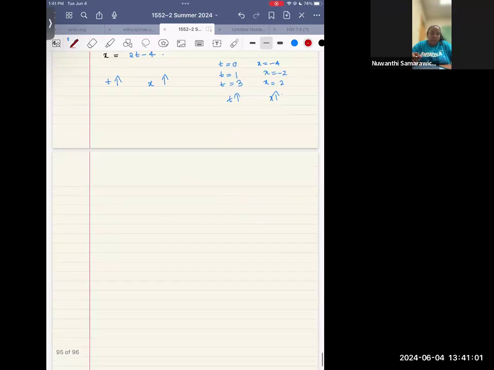Okay, let's do this question. x is equal to square root of t, y is equal to t minus 1. Eliminate t and draw the graph.